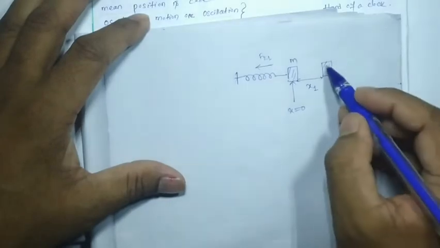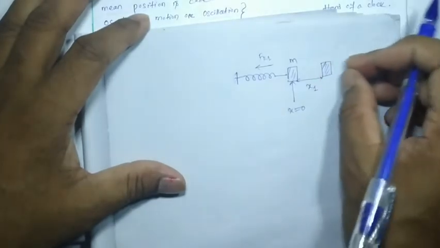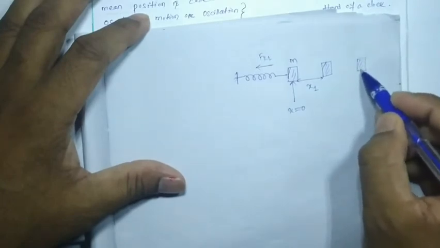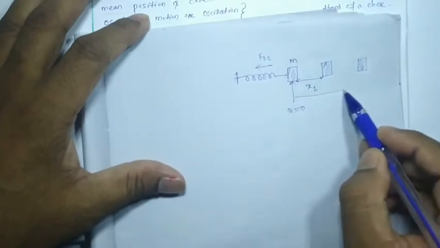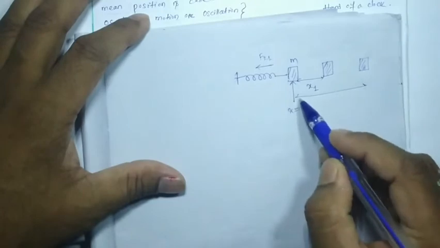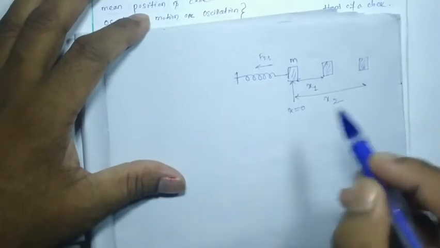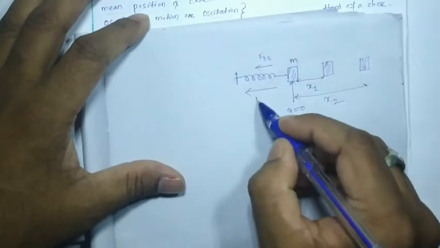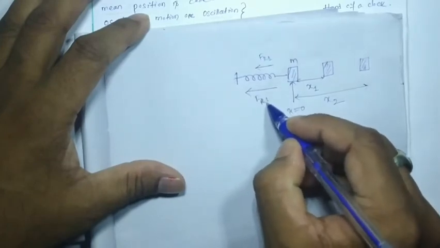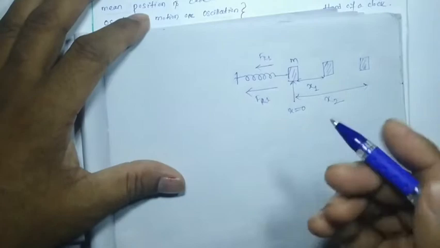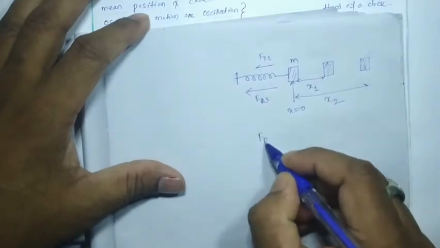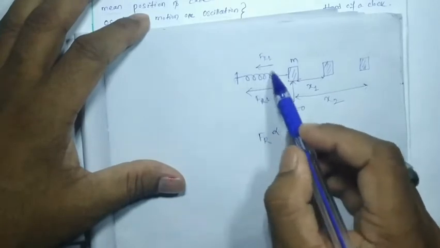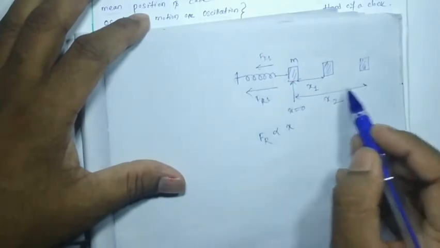If we drag this object further, to a distance x2 from the mean position, then the restoring force will increase, also opposite to the displacement. That means the restoring force is proportional to the displacement and induced in this spring opposite to the displacement.